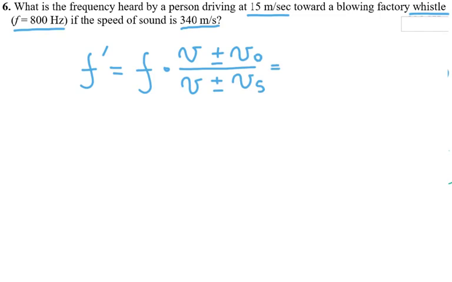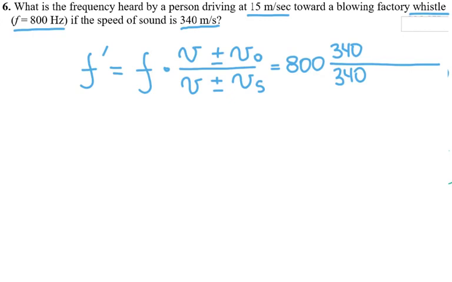So the frequency produced by the factory whistle is 800. The velocity of sound in these conditions is 340. The observer is moving, the source is not moving. So for the source, I don't have to write anything in the denominator, but the observer is approaching.